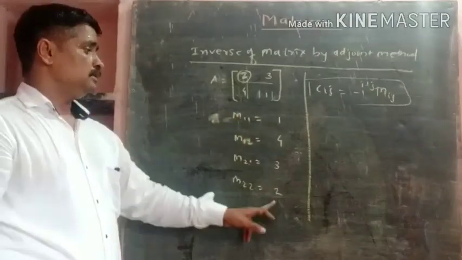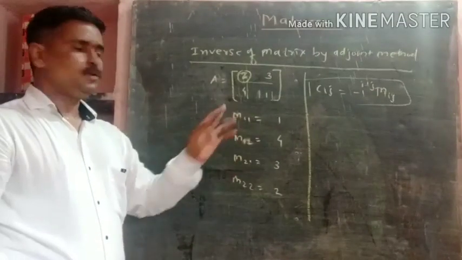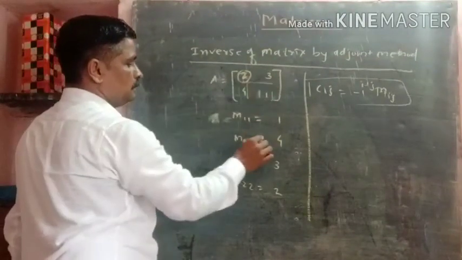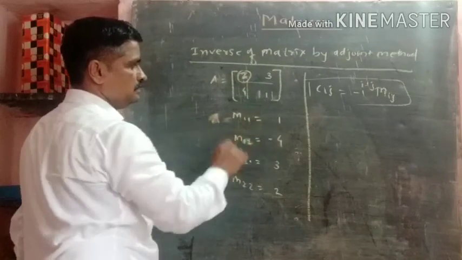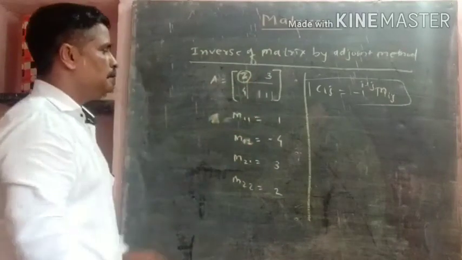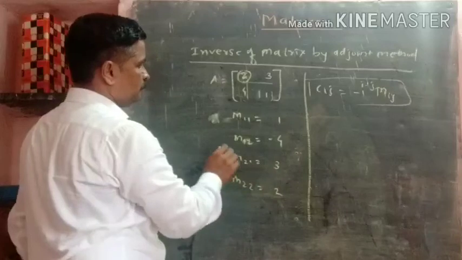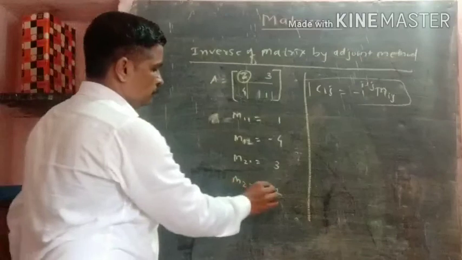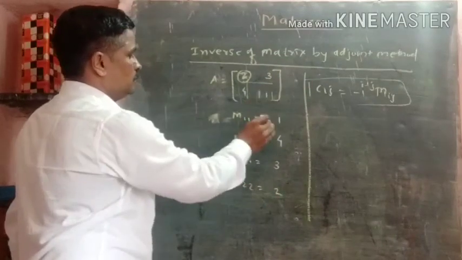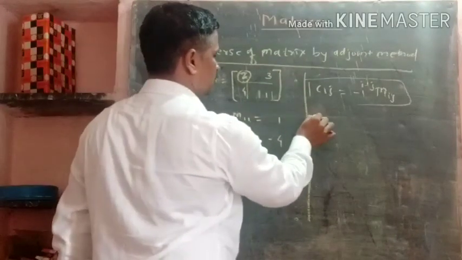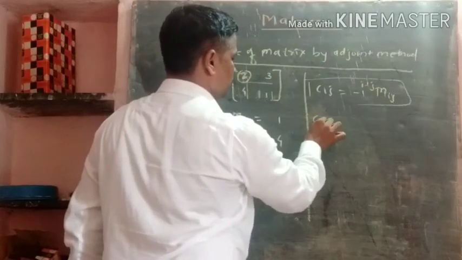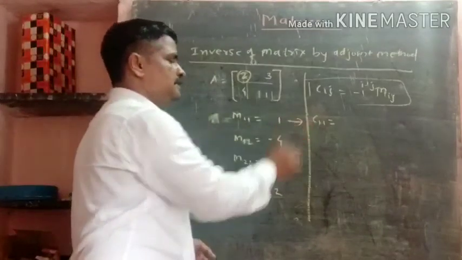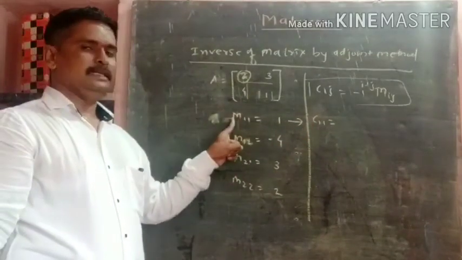So convert this minor into a cofactor. Multiply here by minus 1 and here by minus 1. First we consider C suffix 11, parallel to M suffix 11.